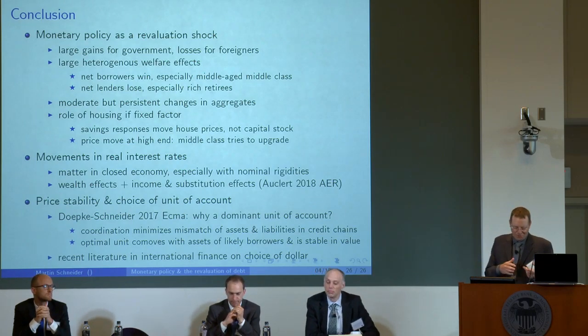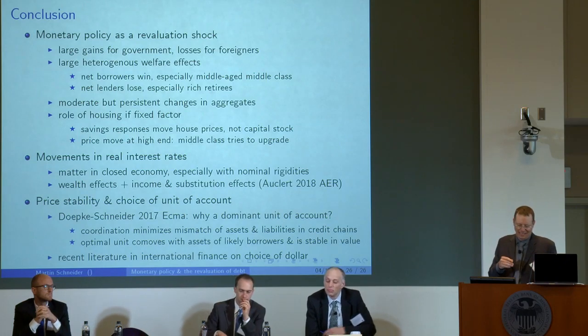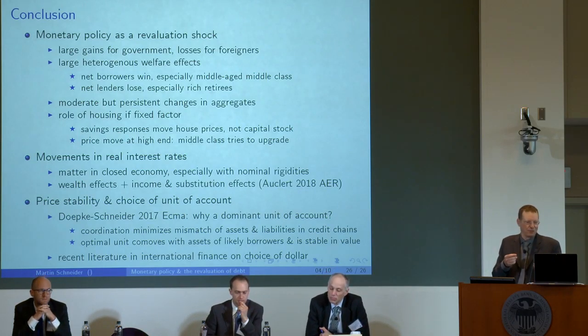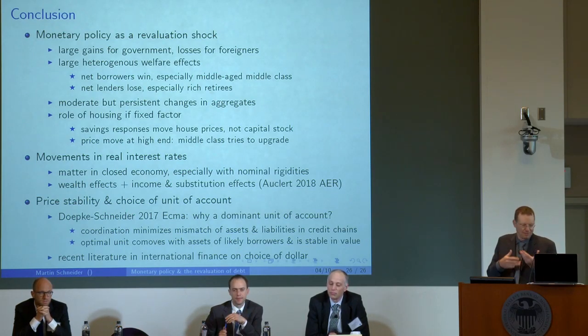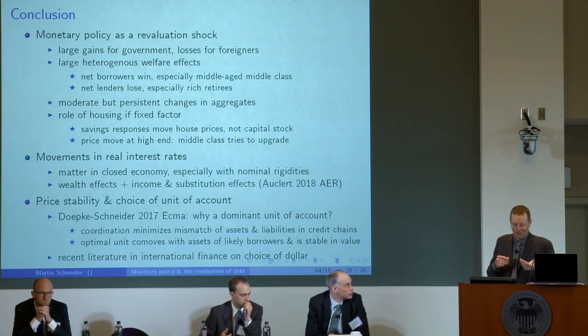Okay? So the first feature helps explain why we've seen government debt as the unit of account in contracts, typically through history in periods in which the government became actually an important borrower. Before that, say in the Middle Ages, the government debt was not typically the unit of account.